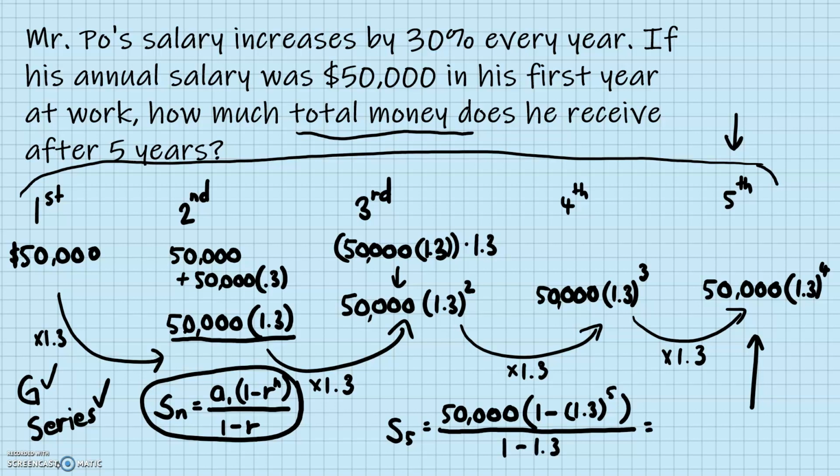Okay, so let's try and do this in a calculator and see what we get. 1.3 to the power of 5 is 3.71293, and then do 1 minus that. We get 50,000 times negative 2.71293, and then the denominator is going to be 1 minus 1.3, which is negative 0.3.